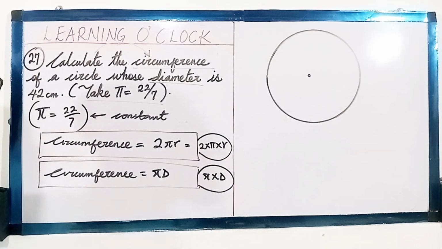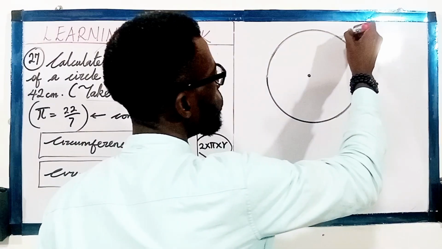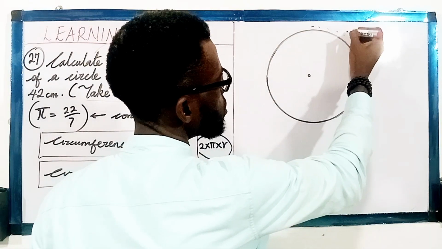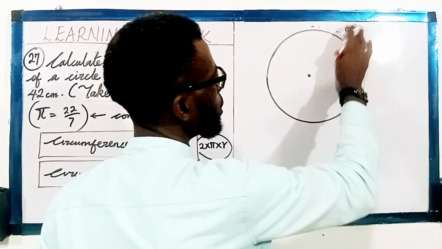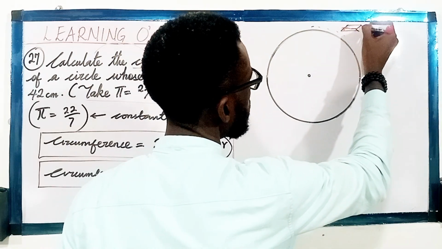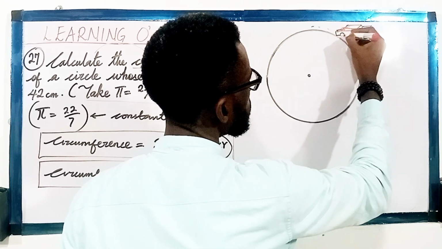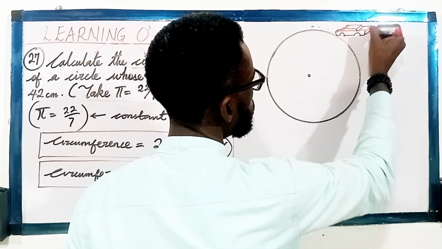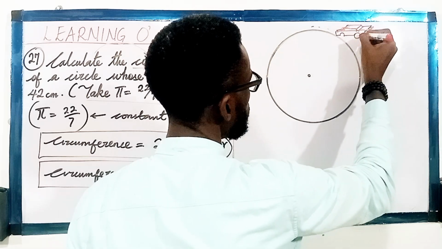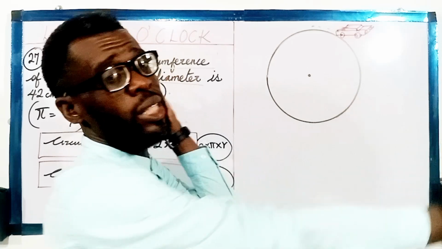So if you want to find the circumference, another piece of information: circumference is the distance round a circle. Let's say a car starts from this point, and that car is to move around this circular field. This should be very large.